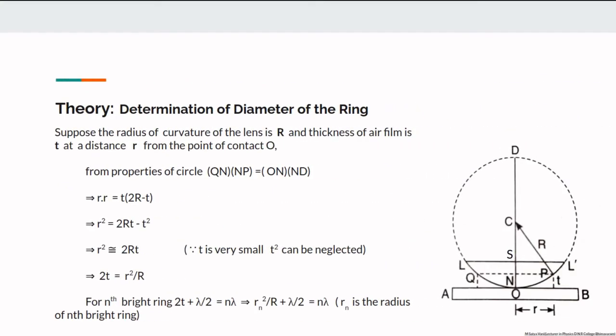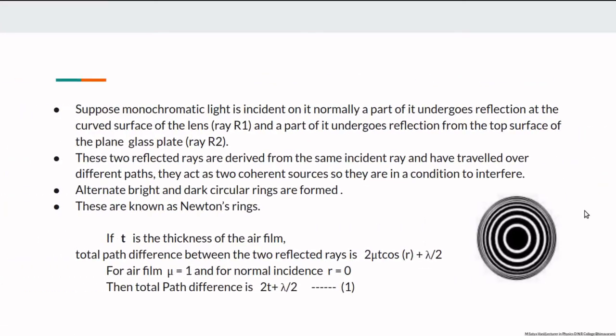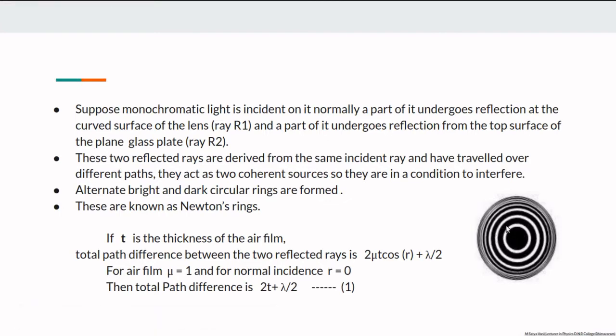Next, the next topic is determination of the diameter of the ring. In Newton's rings, these are Newton's rings. This is the central dark spot, with alternate bright and dark rings. These are concentric circles.